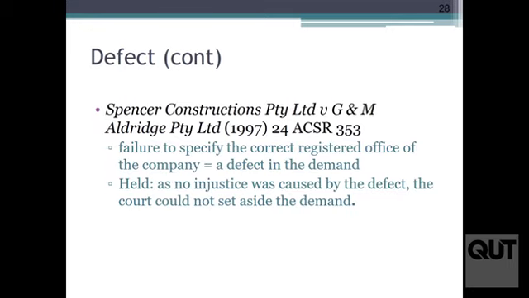So another example is the case of Spencer Constructions on your PowerPoint, where the failure to specify the correct registered office of the company was the defect in the demand, and the court held that there was no injustice caused by the defect, and the court chose not to set aside the demand.